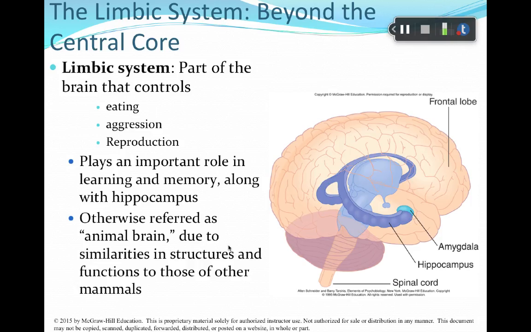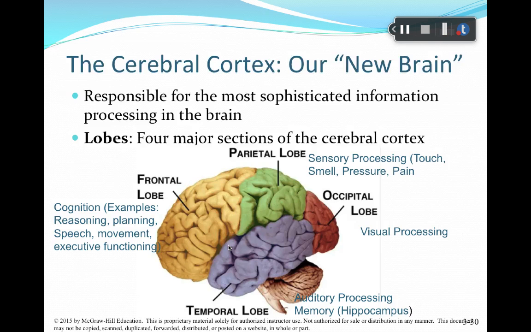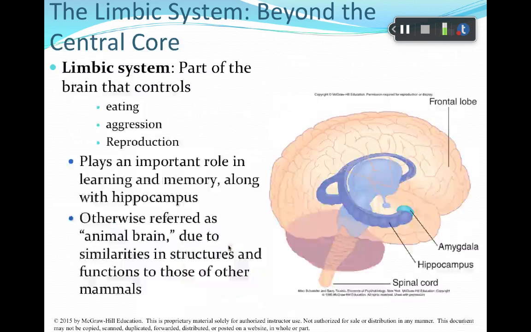Oftentimes, there's research that shows that veterans with PTSD have a very overactive limbic system, and they need medication to help inhibit some of the neural activity that's going on in there. And it can also play an important role in memory.